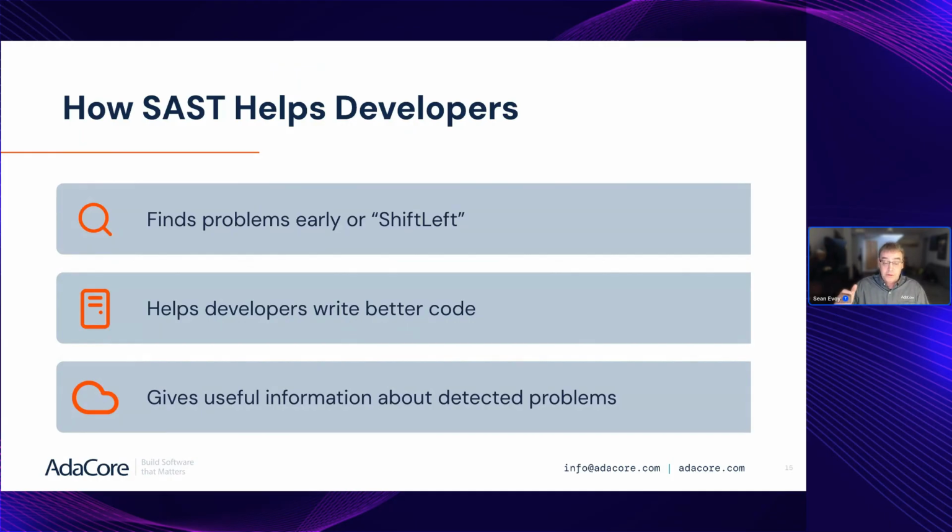And you can Google that and see how to write something better. Or here's a suggestion that you can find from other tools on how you can create better code and become a better developer. So yes, it will help you write better code in the short term, but it will also help train some of your new developers to write better code in the long term. But again, all of this good stuff, like useful information about the detected problems, you've got to get it into your DevSecOps pipeline.